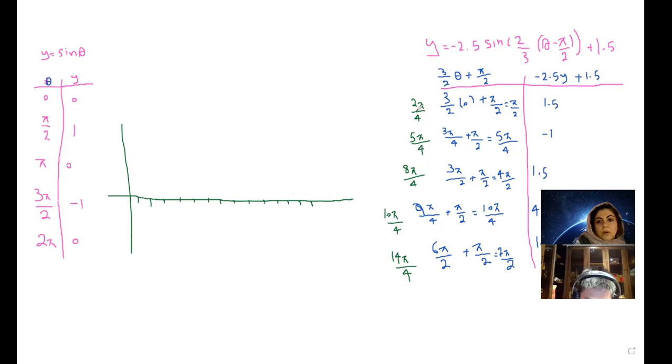So here 2 pi over 4 is just going to be there, right? Which is 1.5. Let's say, because the maximum is 4, let me just put that. 1, 2, 3, 4, right? 2 pi over 4 is there. So here is 2 pi over 4. Going to be 1.5 is there.